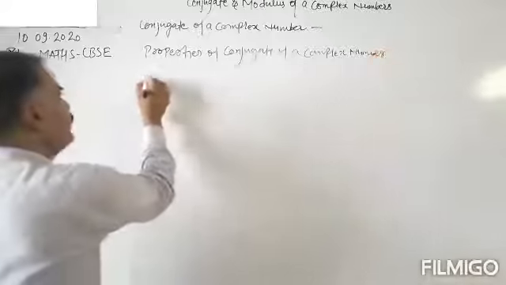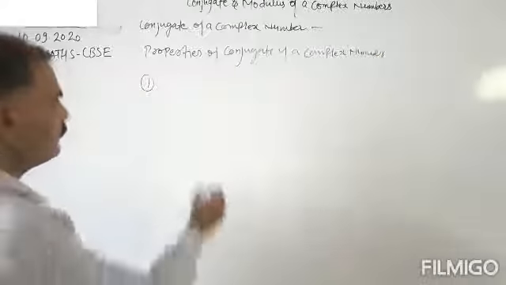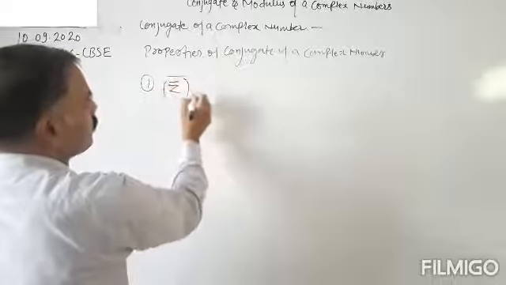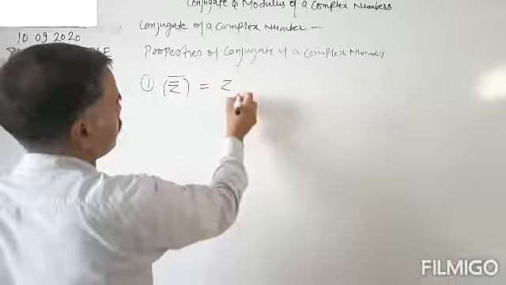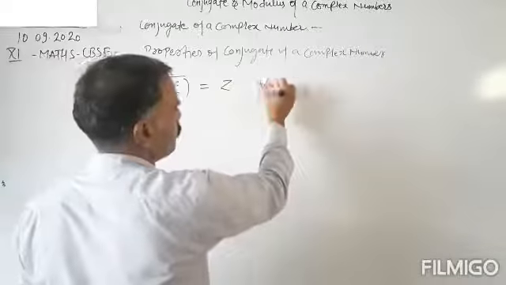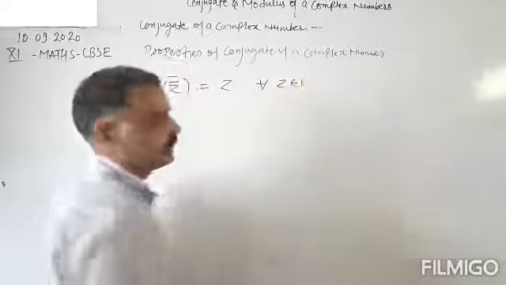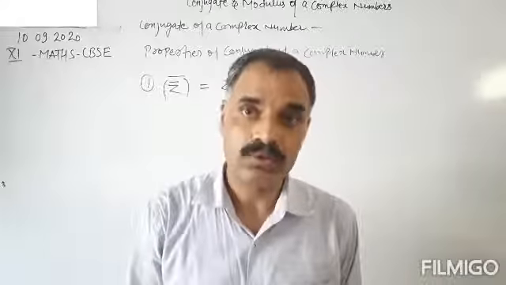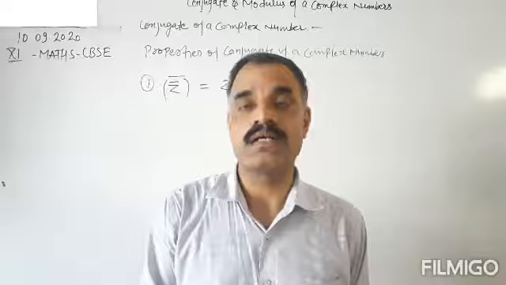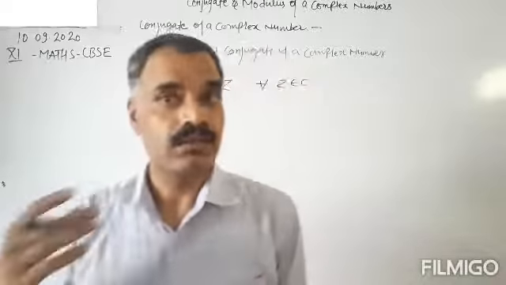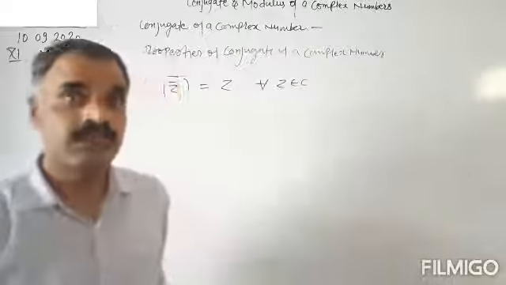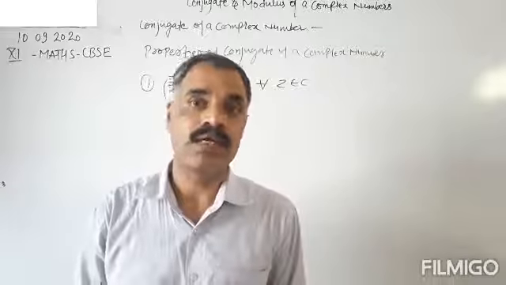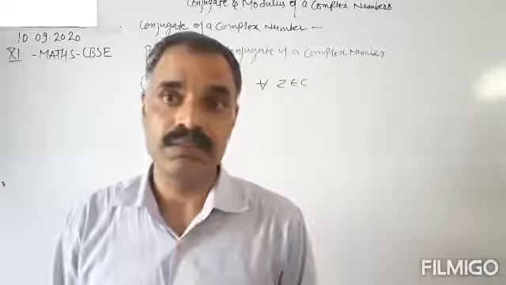The first property is that the conjugate of a conjugate complex number is the complex number itself, for all z belonging to C. Meaning if we take the conjugate twice, we obtain the same complex number.